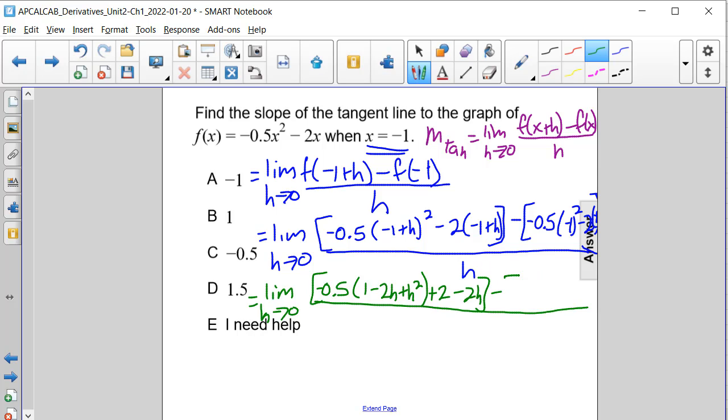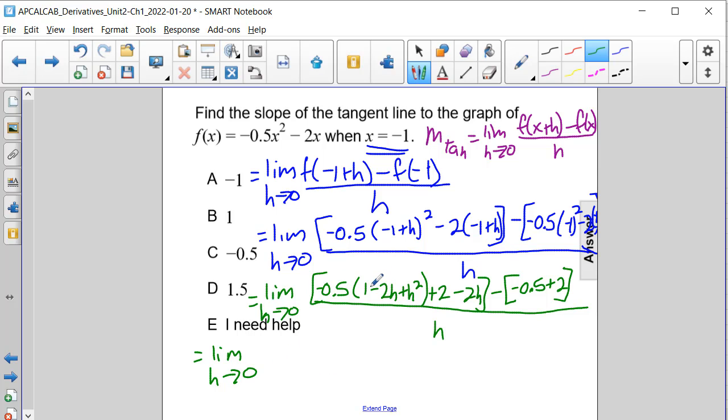And then we have minus, well, -1 squared is 1. 1 times -1/2 is -1/2. And then we have -2 times -1, so that'll be +2, all divided by h. And then it's still going to be the limit as h approaches 0.